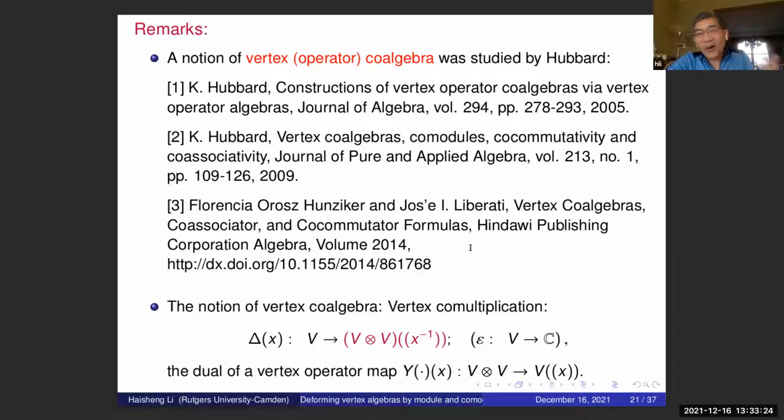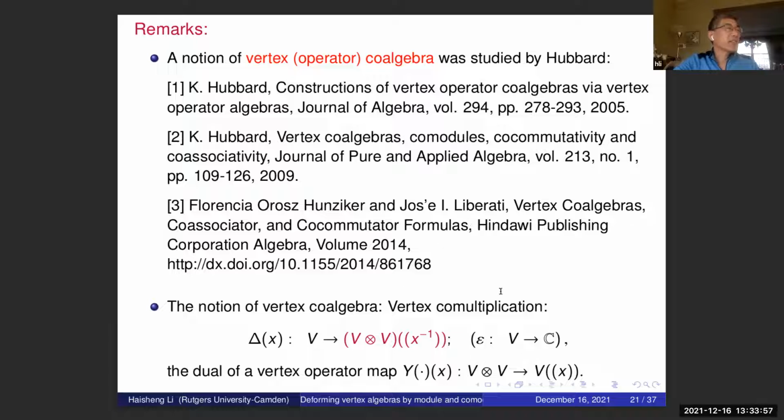I didn't have time to read all the detail, but I found that one. I did this part, some part a long time ago, 2007, and then picked up again for a certain purpose. Okay, so what I want to say is, for vertex operator coalgebra, only the coalgebra structure, you consider the dual. So here, actually, there are lots of questions to be answered.